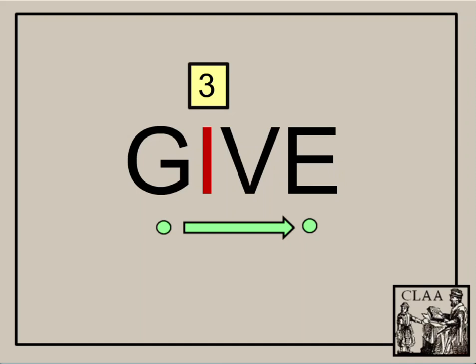This is an irregular word, and in this word, the letter I is read with the sound I. Let's read this word together. Give, give. This is another irregular word.